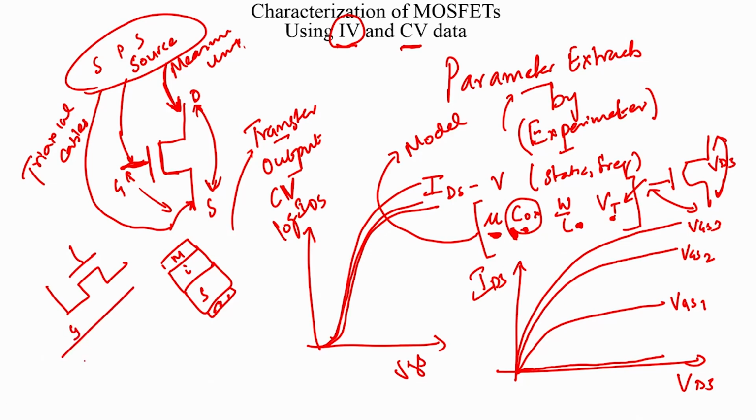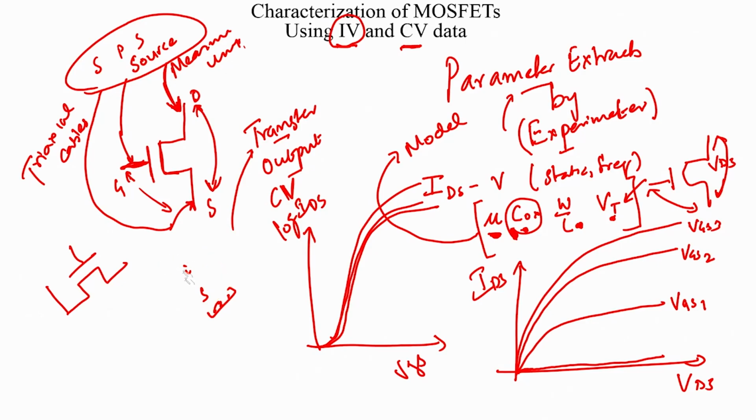So, you have a gate, you have the drain and source, and we have a small overlap capacitance between the drain and source. So, if you consider this structure here, we have the gate, insulator.